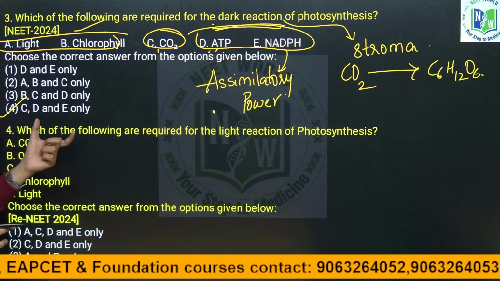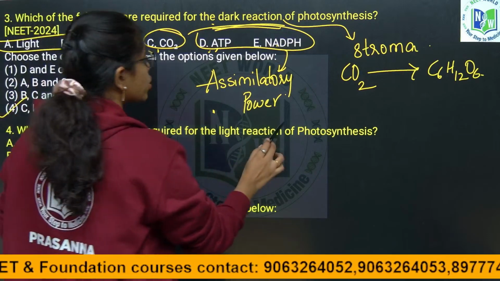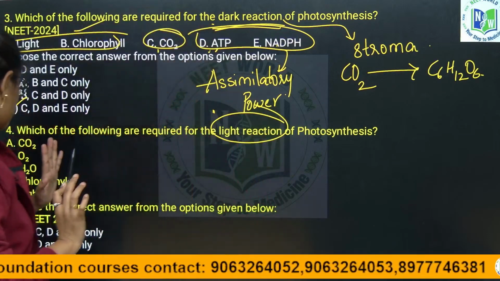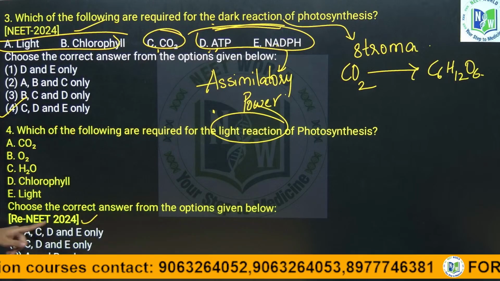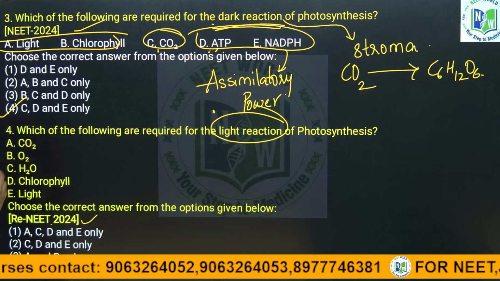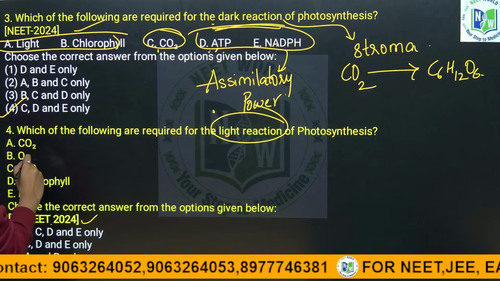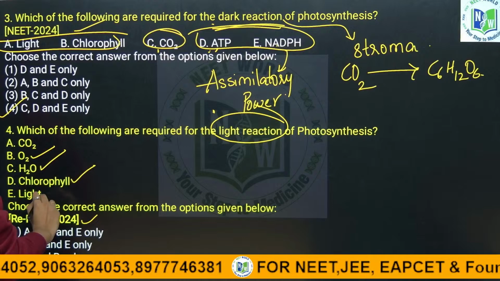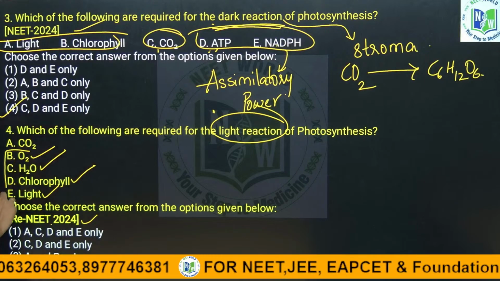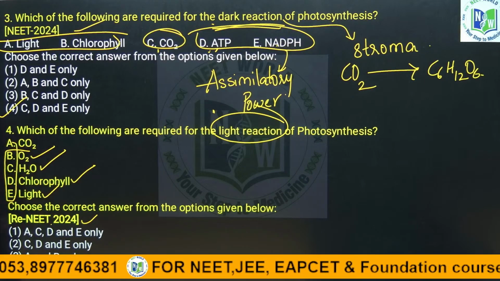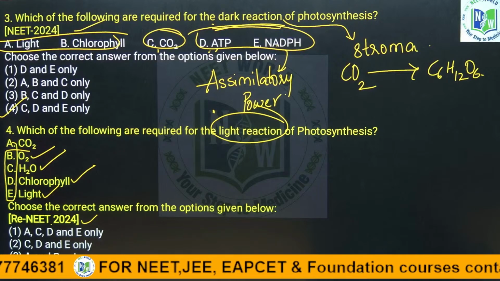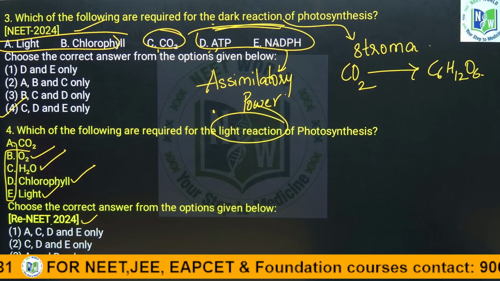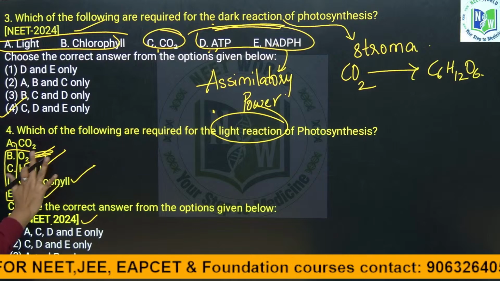Next, which of the following are required for light reaction of photosynthesis is asked. This is asked in the NEET 2024. For light reaction we need water for photolysis, chlorophyll and sunlight.